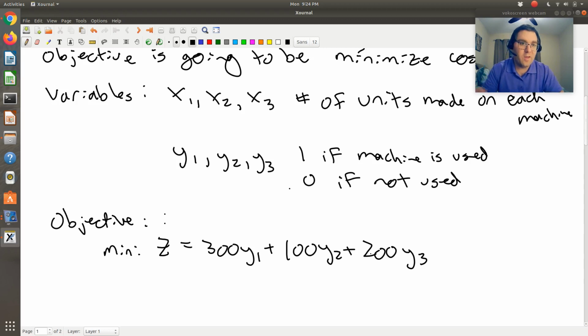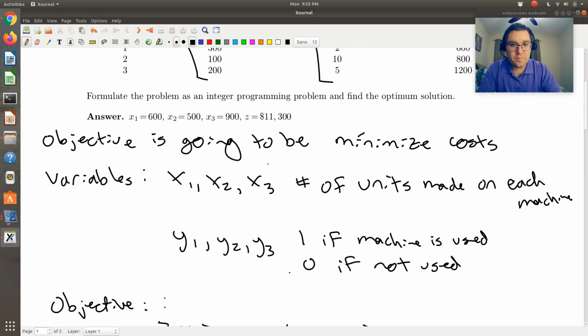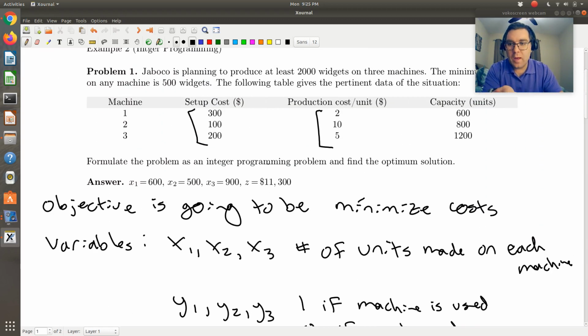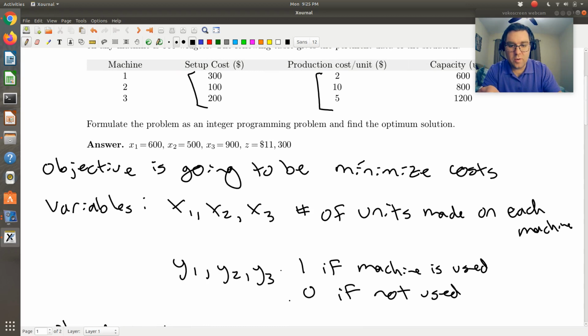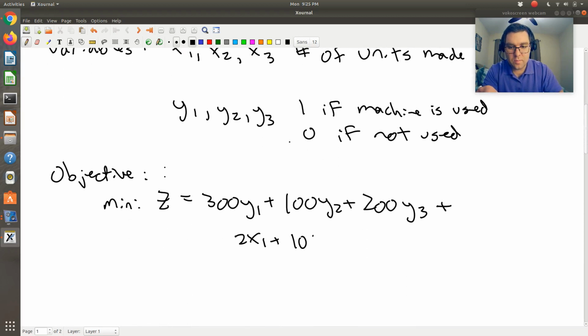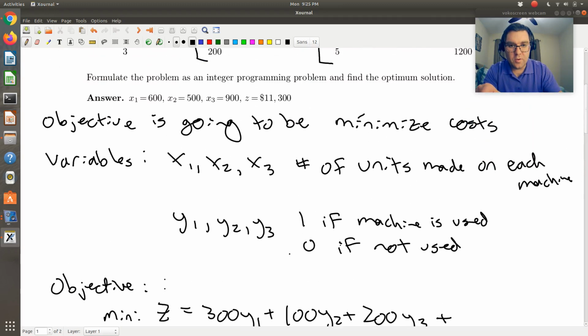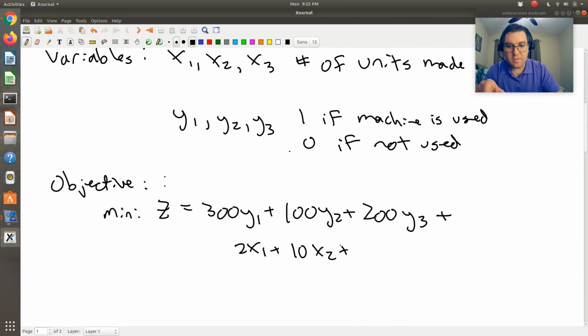Remember, our y's are going to have values of 1 or 0: 1 if we're using the machine, 0 if not. So that's our cost of setting up our machines, plus we're going to have our per unit production cost. On machine 1, it costs me $2 per unit, so we're going to have 2x1, plus on machine 2 it's 10x2, and on machine 3 we're going to have 5x3. We want to minimize that. Okay, cool.